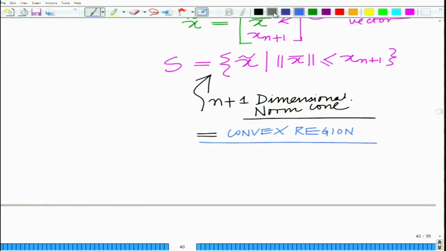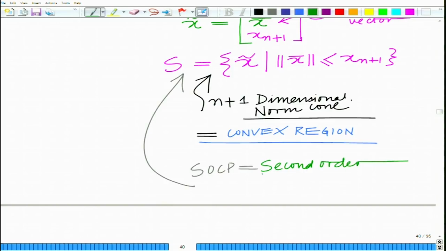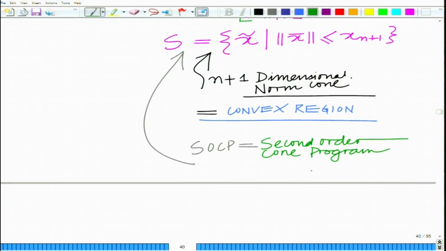We will explore problems known as SOCP, or second order cone programs, that have conic constraints, and these have significant utility in wireless communication and signal processing.